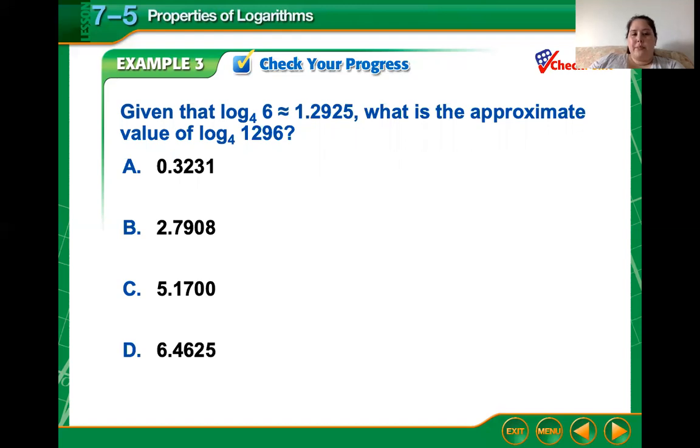So go ahead and try this one. And you should get C. One of the things you'd want to look at is 6 to what power gives 1296; that is what you would need to look for.